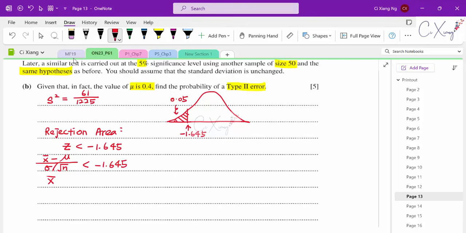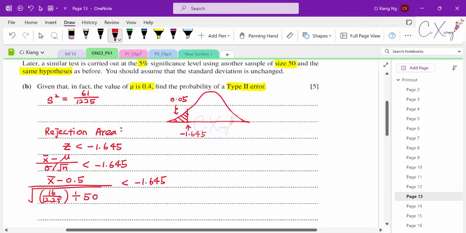I don't know and I want to find it out. What is the population mean just now? 0.5. What is the standard deviation of the population? Again, it remained unchanged, so it should still be the square root of 16 over 1225, divided by the sample size, which is 50, and it is smaller than negative 1.645.